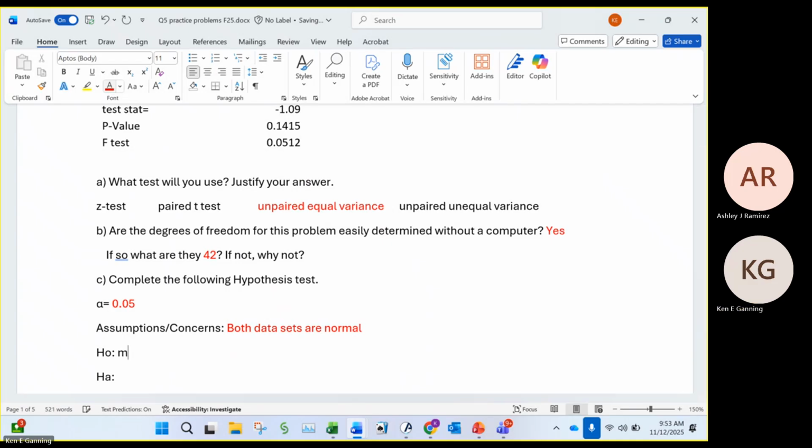H0: mu1 minus mu2 equals 0. mu1 minus mu2 greater than, less than, or not equal to here.